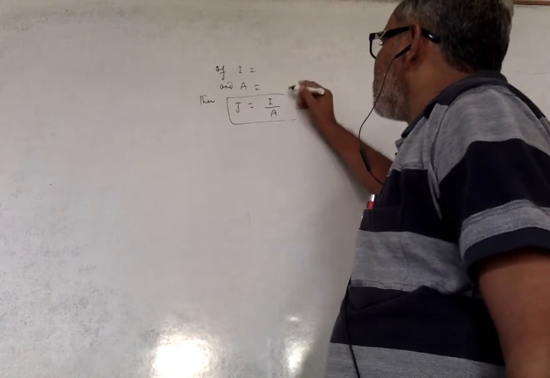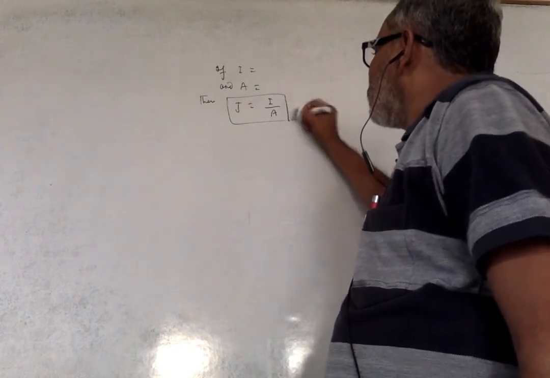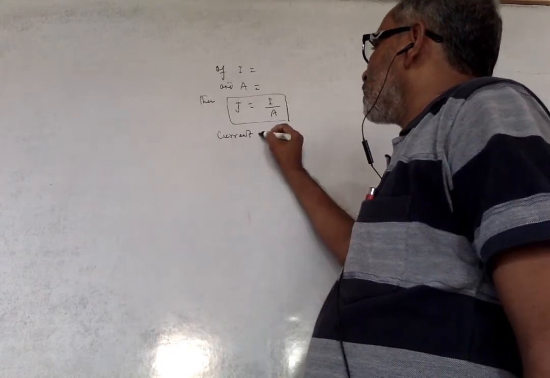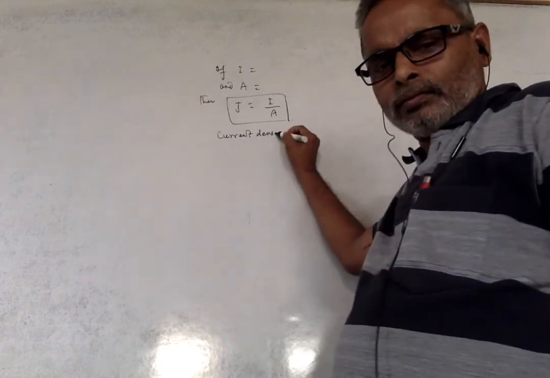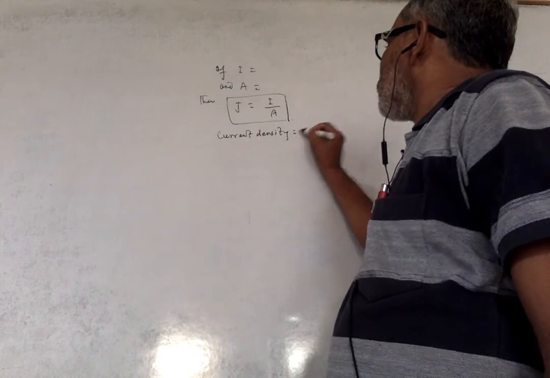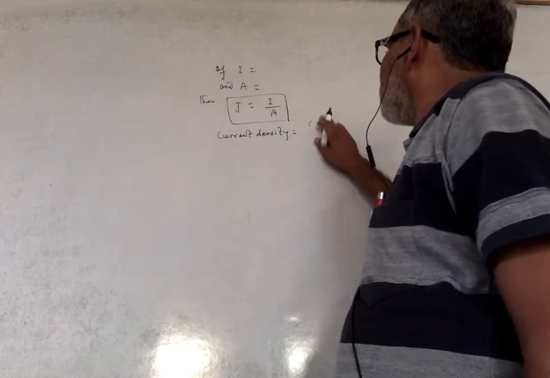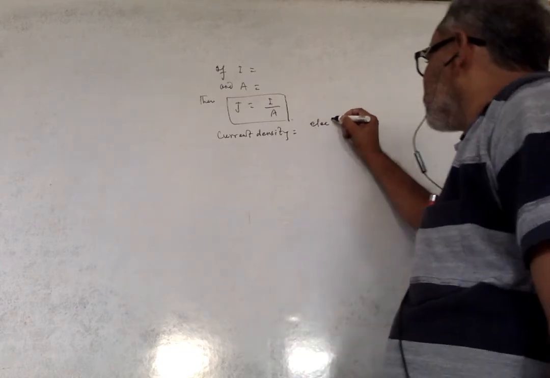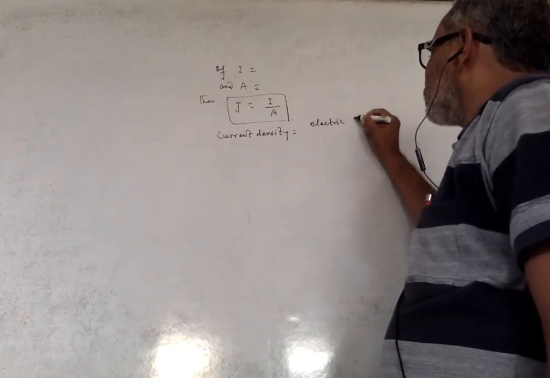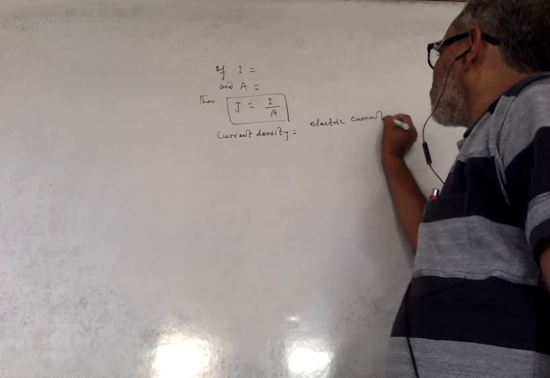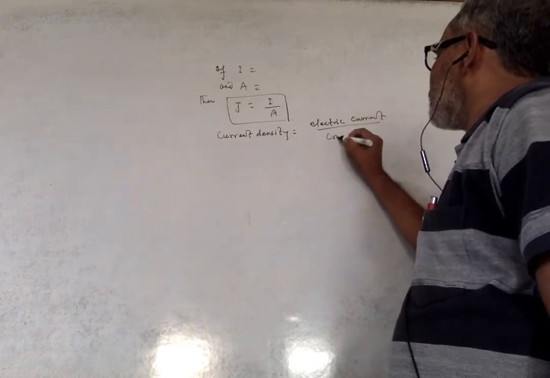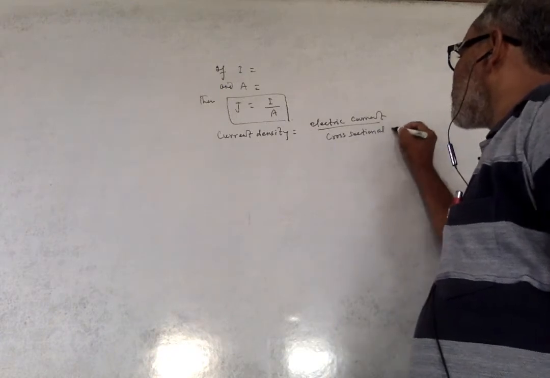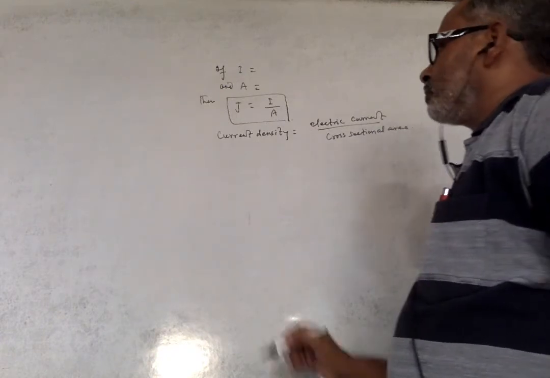That is, current density equal to electric current by cross sectional area.